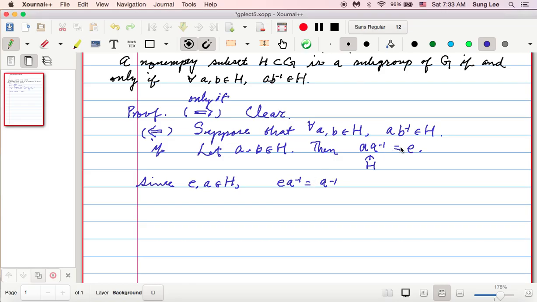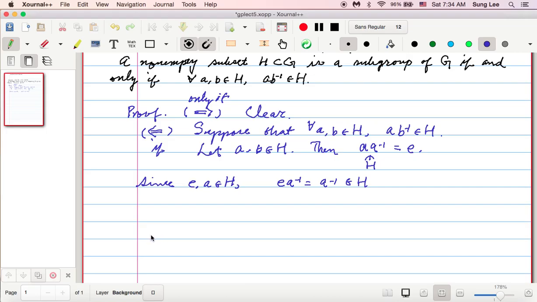But E A inverse has to be in H, so A inverse belongs to H also. So what did we show? We showed that for a given element of H, its inverse element is also in H.